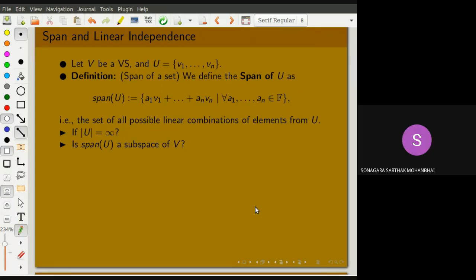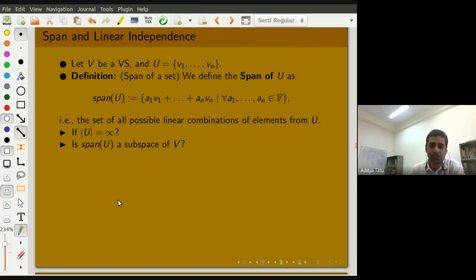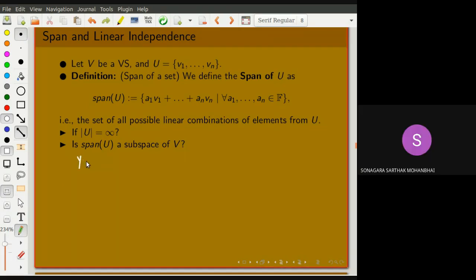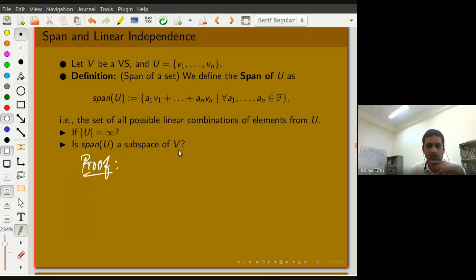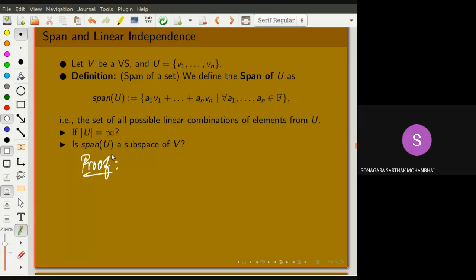Yes, sir. And can we prove this? Yes, sir. It has linear combinations of all elements of V. No, not all elements of V, of U. Yes, yes.